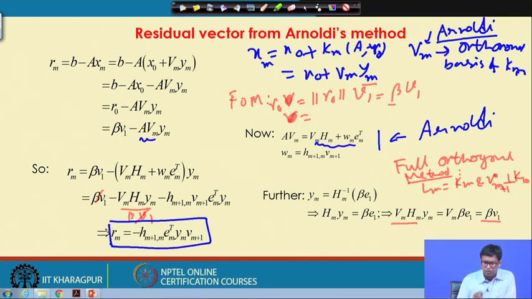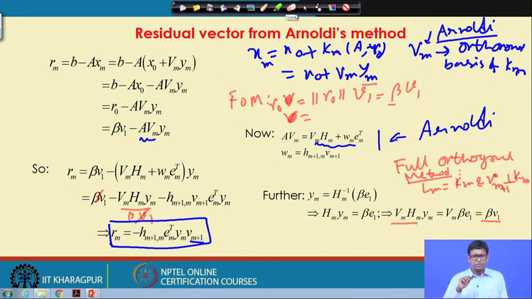This is a very important identity from Arnoldi's method or from full orthogonal method: the residual is orthogonal to the next basis in the Krylov subspace. Residual at one particular m level is orthogonal to the next basis function of Krylov subspace.